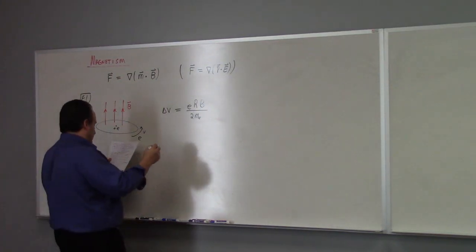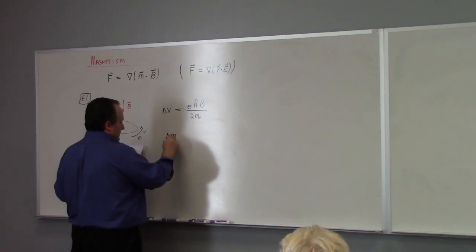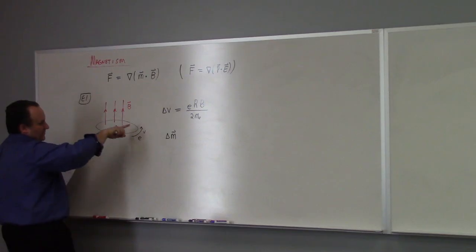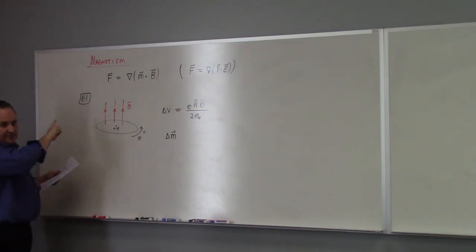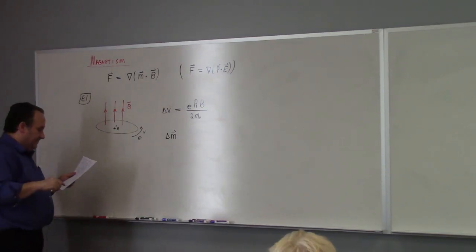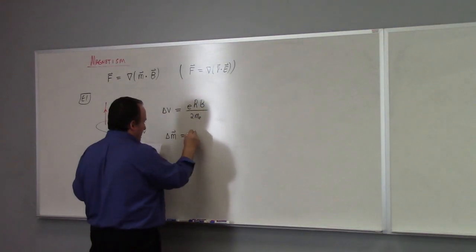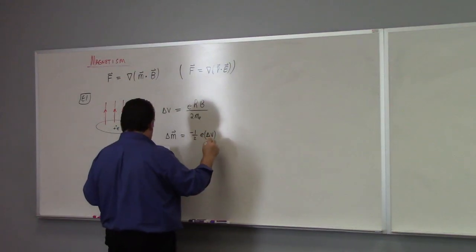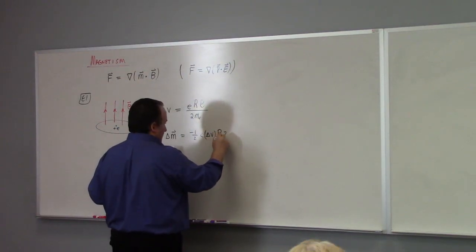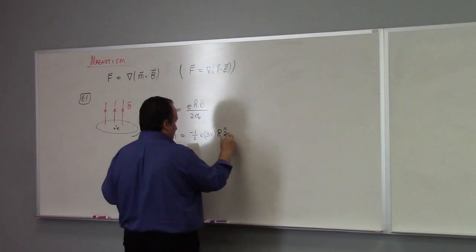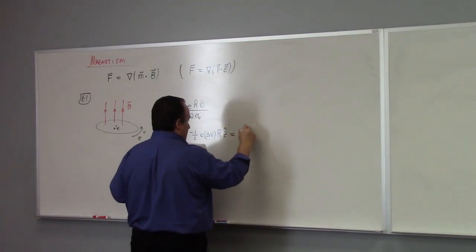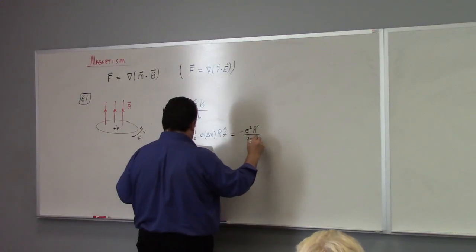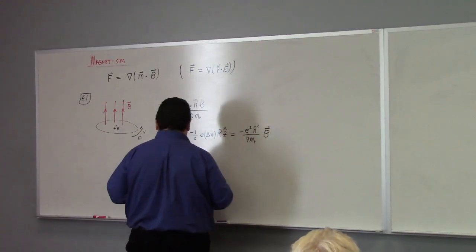The change in the dipole moment corresponding to the electron current is minus 1/2 e times the change in the velocity, r z hat. In other words, it's minus e squared r squared over 4m_e times the magnetic field applied.